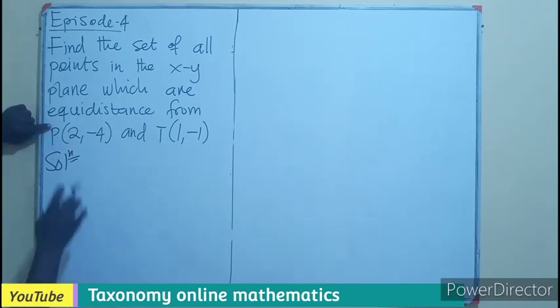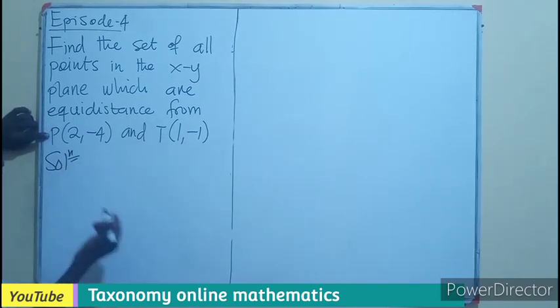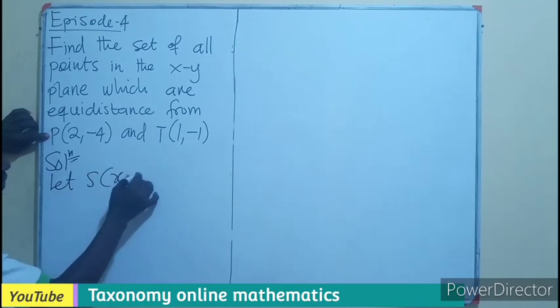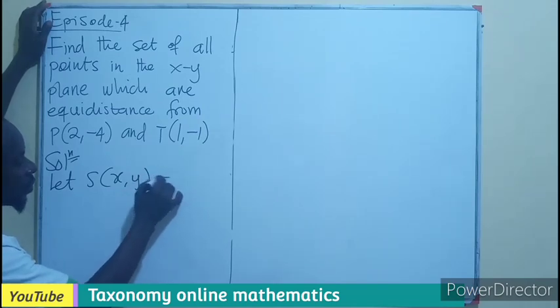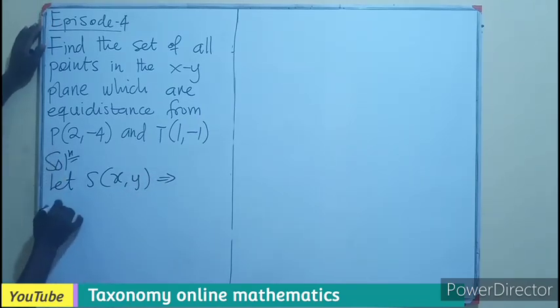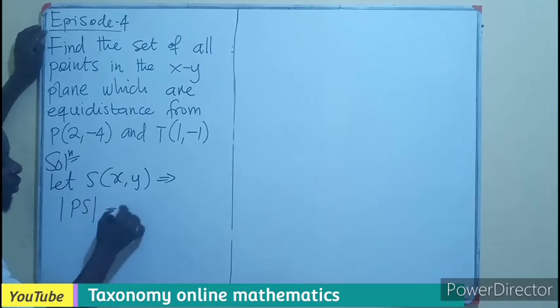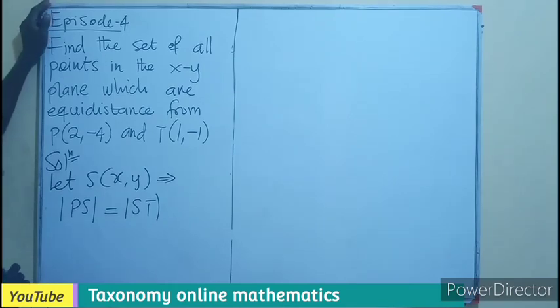So first of all, let us find a point that will be in the middle of P and T. Let S be the point (x, y), such that the magnitude of PS should be equal to the magnitude of ST. And how do we find magnitude?